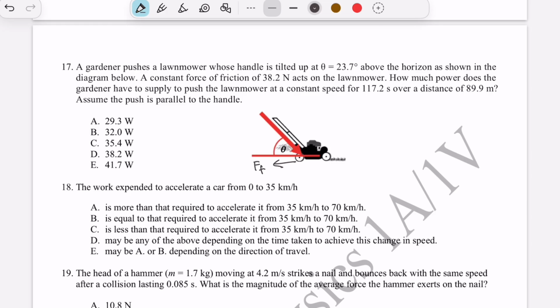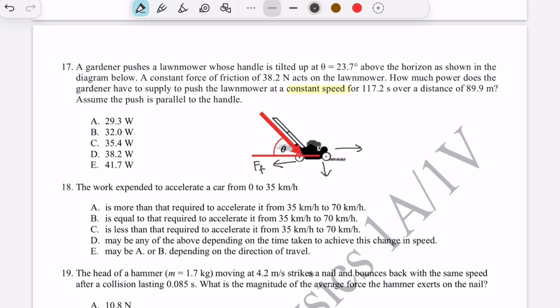So a very key point in this question is constant speed. Because the lawnmower is pushed at an angle, we have some horizontal component and also vertical component of the applied force. So horizontal component is going to be this way, and then vertical component is going to be down.